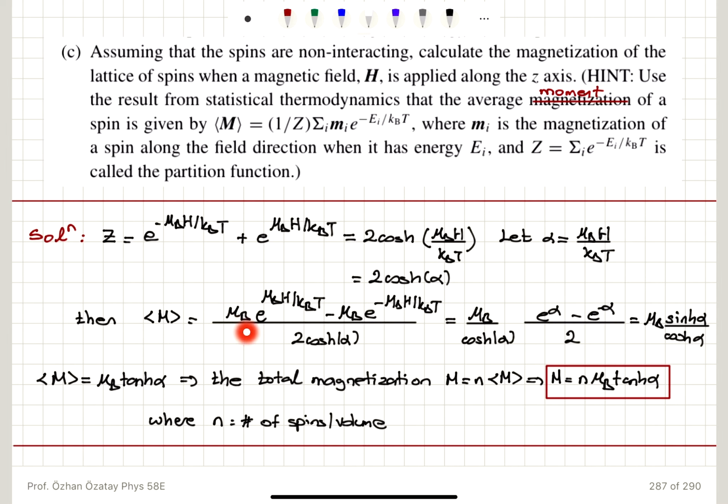Now, when we have a magnetic moment plus mu_B pointing in the z direction, the corresponding energy is minus mu_B H. Minus mu_B H becomes plus mu_B H, so e to the mu_B H over kT, and similarly for minus mu_B. And we see that this average magnetic moment per spin is a Bohr magneton times tanh alpha, where alpha is mu_B H over kT, and for total magnetization, we have to multiply it with the number density of the spins.